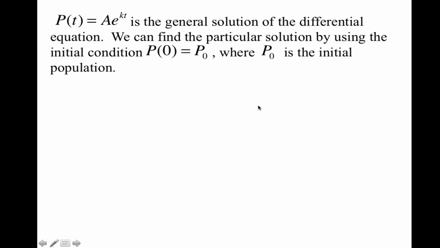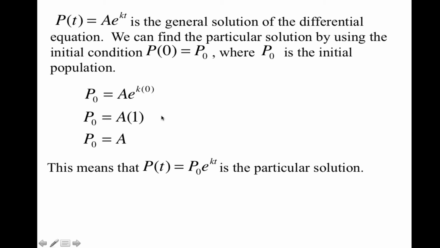So by using that initial condition, we can now go ahead and find A. Well, e to the 0, that's just going to give me 1. So that means A is going to equal my initial population. So this means that P of t is going to equal P naught times e to the kt is the particular solution.